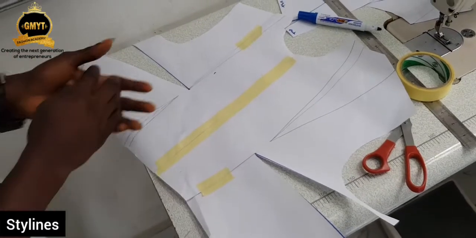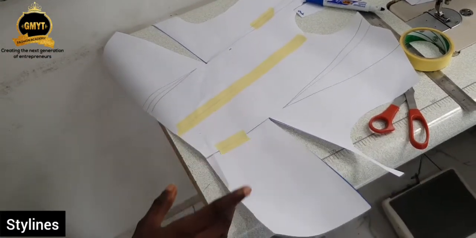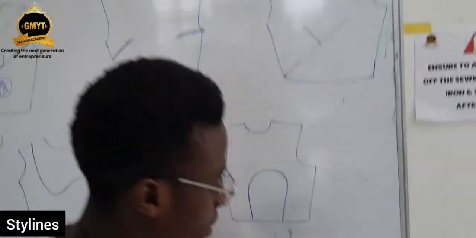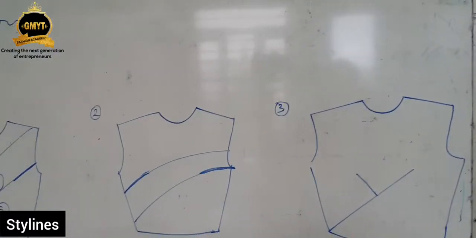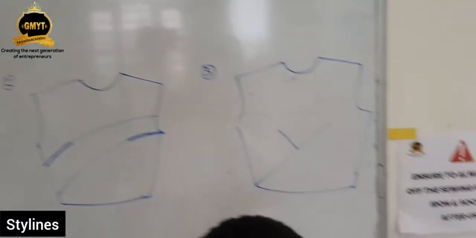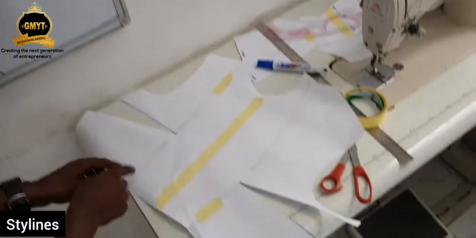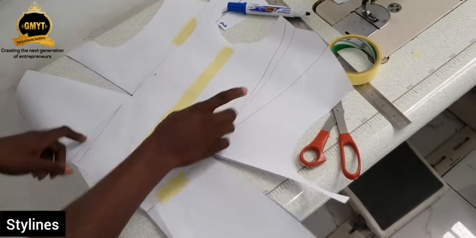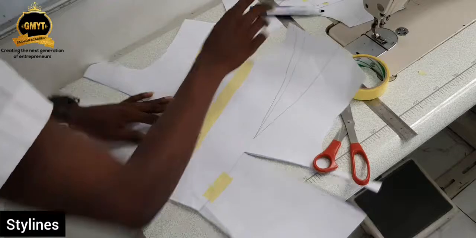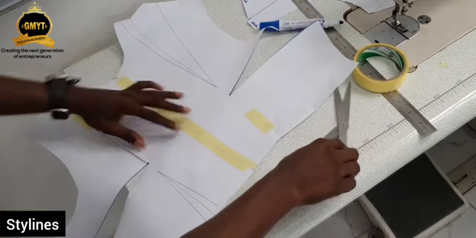Right? So now, we've done the first step, but once you look at your design, you can realize that there are no darts at the waistline and also at the shoulder. So it means we need to still transfer these two darts to the one you've slashed before.